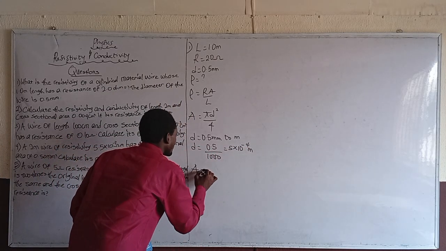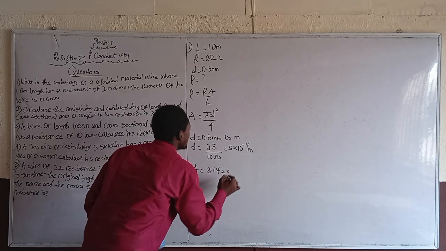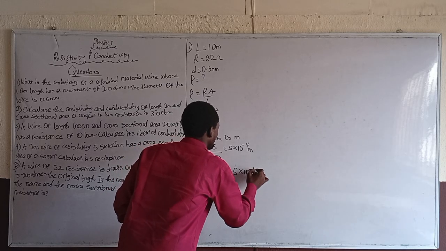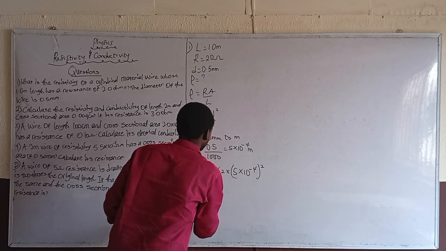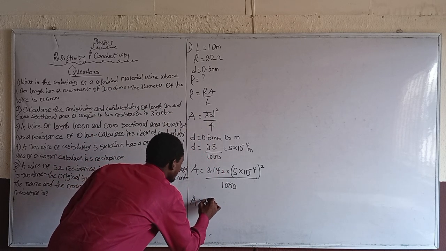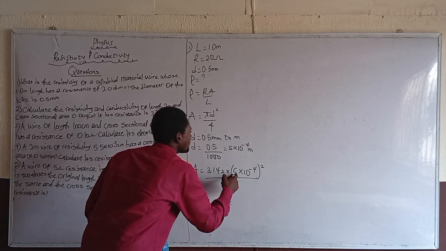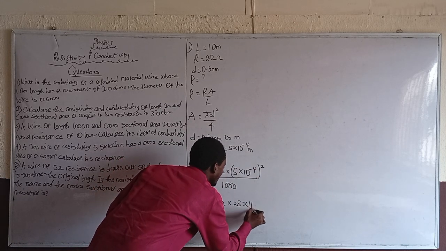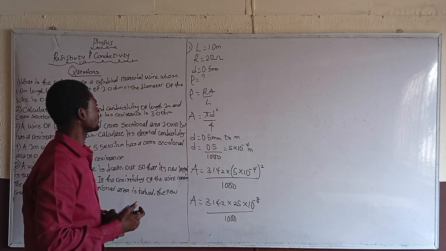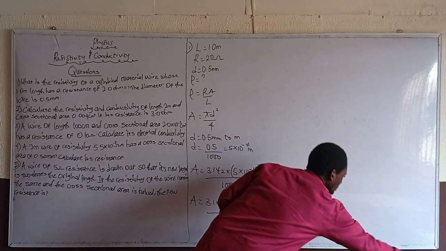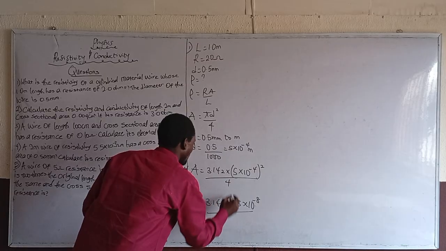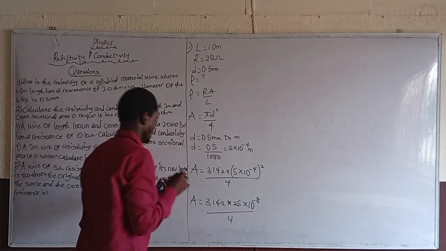So my area is pi, which is 3.142, times 5 times 10 raised to power minus 4, all squared, divided by 4. So the area is 3.142 times 5 squared, which is 25, then times 10 raised to power minus 8, divided by 4.